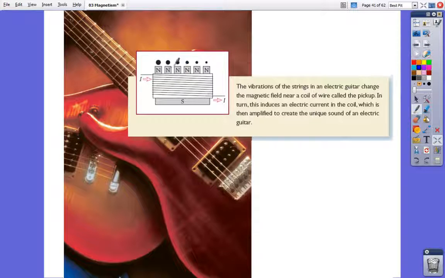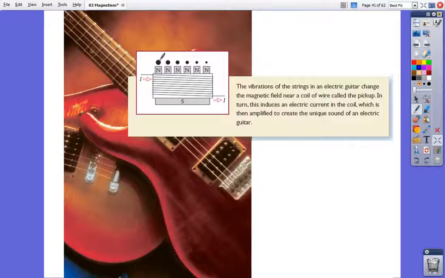It will create a north and south pole on this metal, so it will create an electromagnet. And here are the strings, the bass one, and then the smallest one.